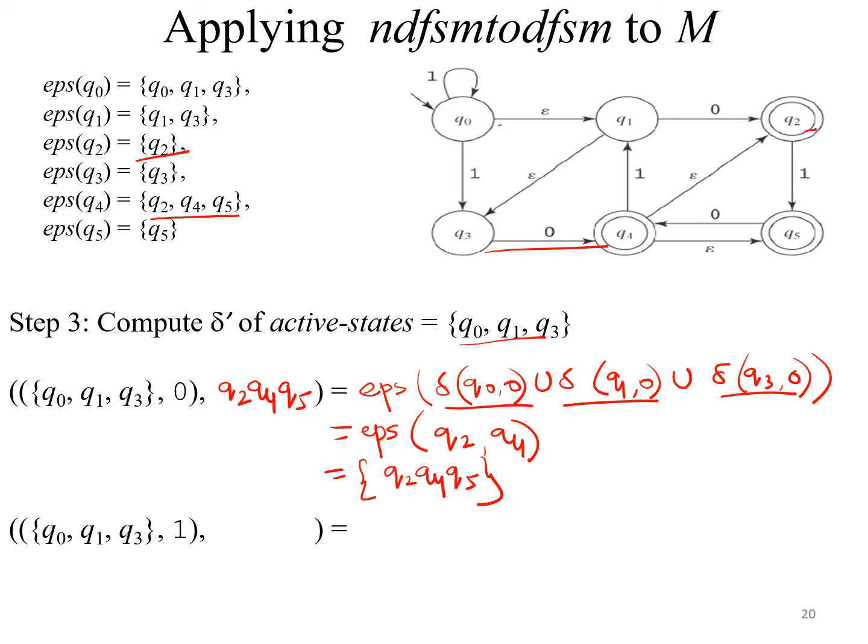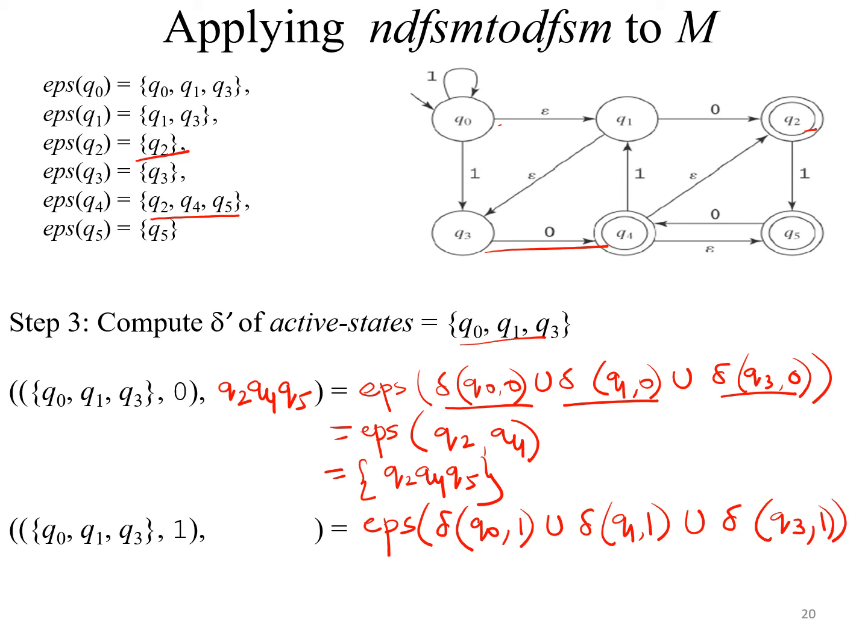Similarly, we have to calculate for 1. EPS of delta of Q0, 1 union delta of Q1, 1 union delta of Q3, 1. Q0, 1 goes to two states, one is Q0, the other one is Q3.